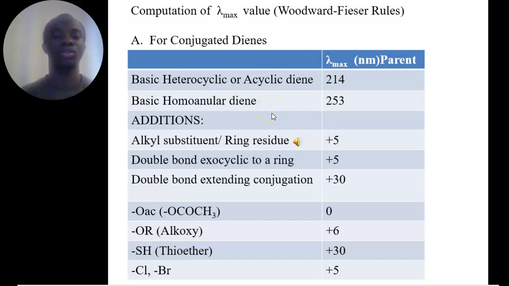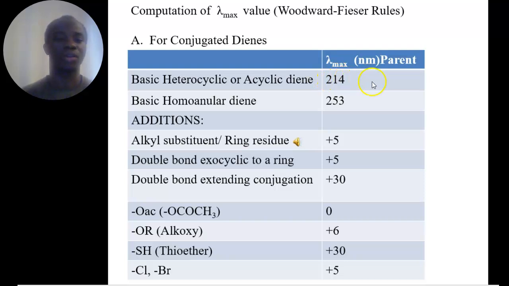If the structure given to you has heteroannular conjugated double bonds, or if it has an acyclic diene, then the basic lambda value will be 214. These values are not fixed, so in some other textbooks you might see other values, but it will still be within this particular range.